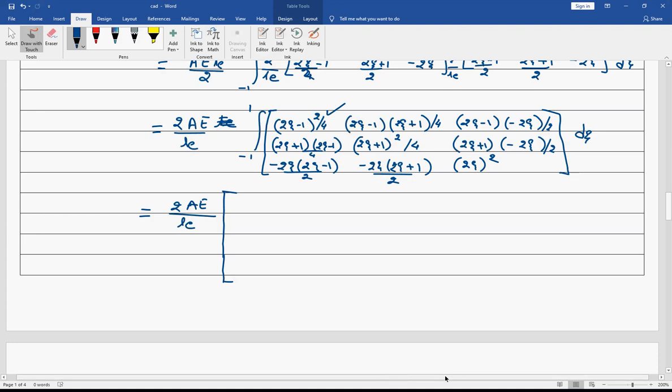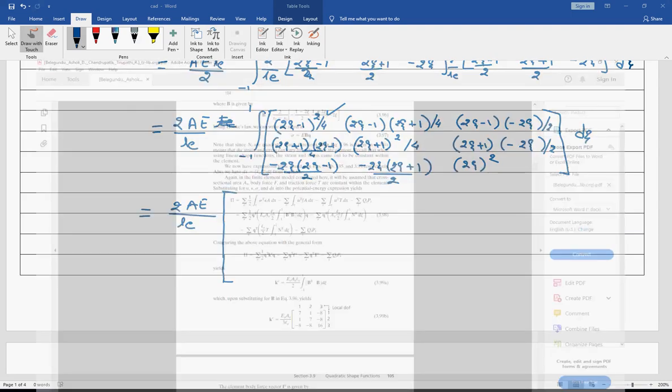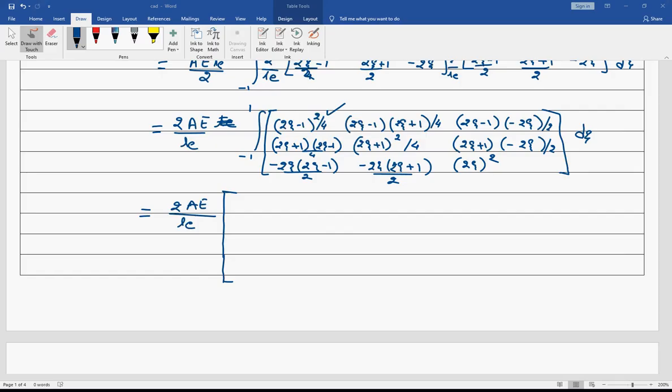One by six. Anybody else could verify? Because it is 4 xi square.